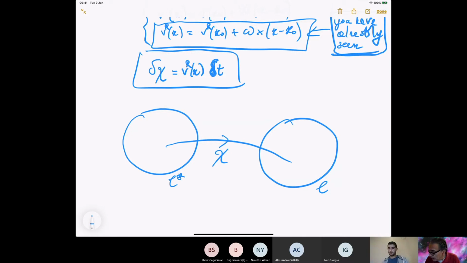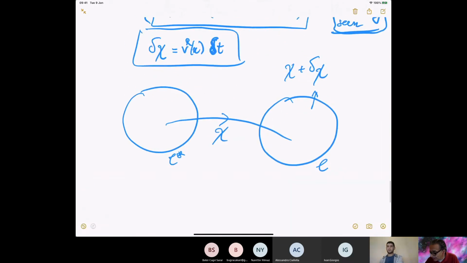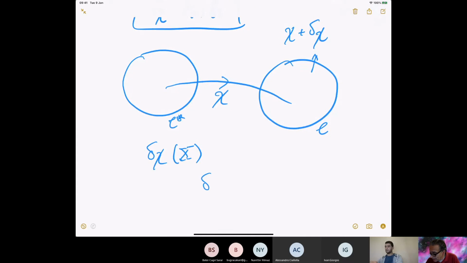Okay. Then I consider a small variation of this equilibrium configuration. Delta K can be regarded either as a function of capital X, or delta K can be considered as a function of small x.